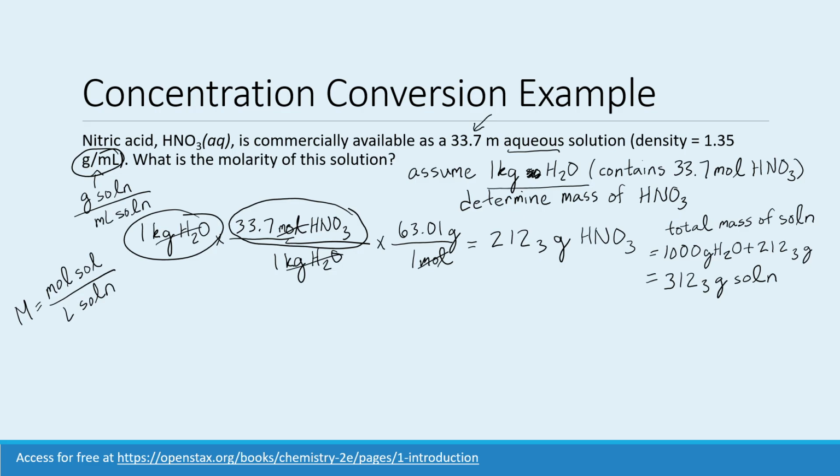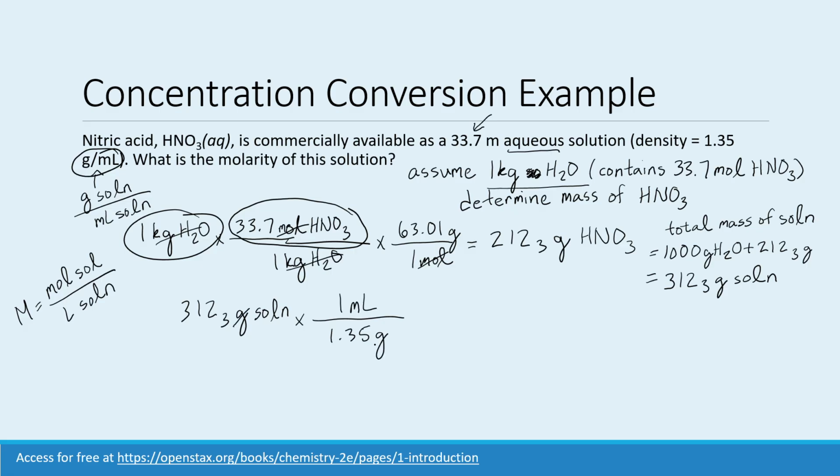And we simplified things by assuming 1 kilogram of water by the definition of molality. Okay, so we're going to take that 3,123 grams of solution, using the density as it is, 1.35. We're going to need to flip it, right? 1.35 grams per 1 milliliter.